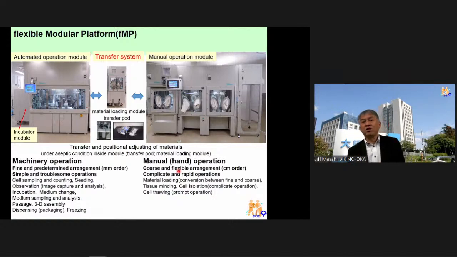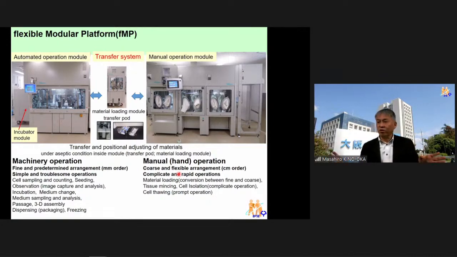I mean the coarse and flexible arrangement of the plastic stuff. So the manual operation is sometimes an advantage. And sometimes complicated and rapid operations are necessary by hand. So we need both of them.